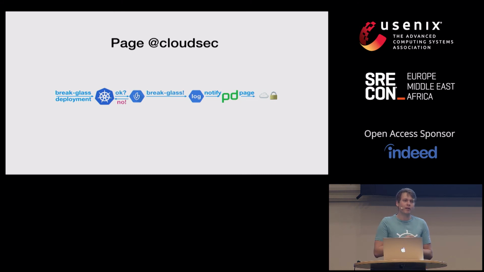So when we get paged, we know something got deployed that is not up to our standards. If it's due to an ongoing incident, then our production engineering team will have an RCA, a search for the root cause of the problem anyways, and then one of our security engineers goes and joins that. But we now know that we only deploy images that are signed, and if not, there's a good reason for it.